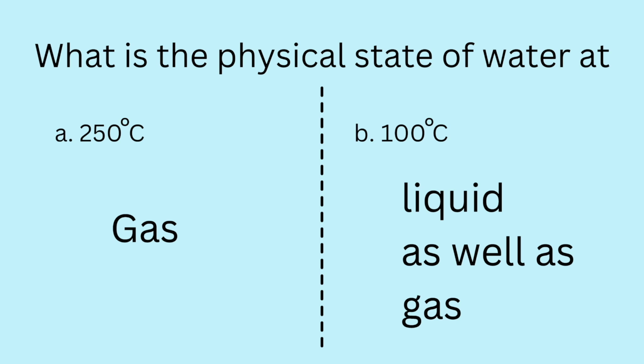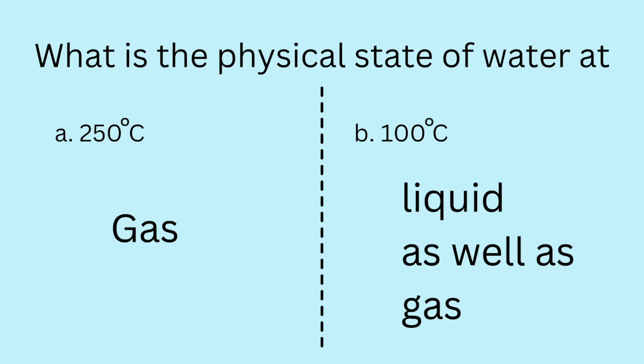So both these have the same temperature. We have seen the concept of latent heat, right? The temperature wouldn't increase, but that energy is used to transform the state of the matter. So the water molecules that have latent heat would be as gas. Those that do not possess latent heat would be as liquid. So at 100 degrees Celsius, water exists as liquid as well as in gaseous state. So this is the answer here.